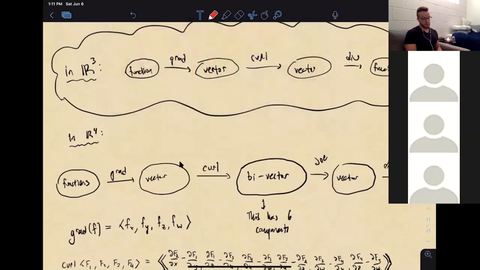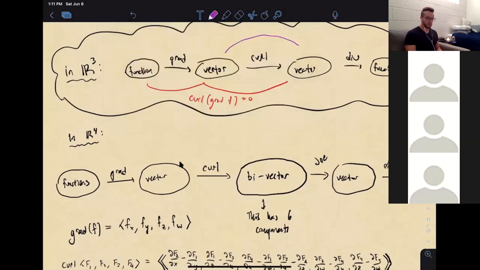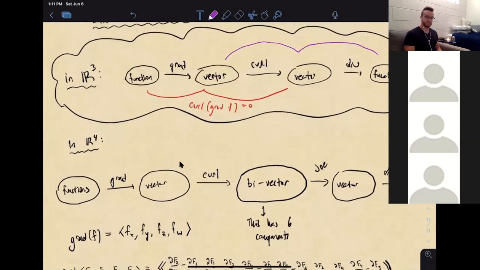So here's the phenomenon in 3 dimensions, and you should know this. If you go 2 steps like this, in other words, if you start with a function, take the gradient, and then take the curl, you get 0. So this says that the curl of the gradient is always 0. Likewise, if you go 2 steps like this, you get 0.